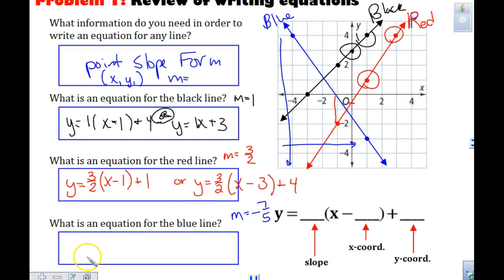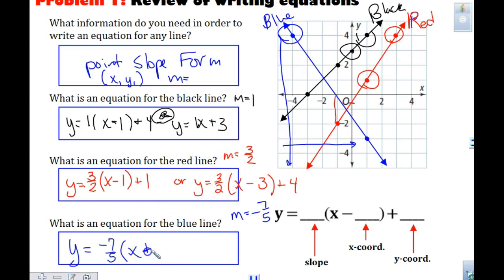So if we are looking at this one, Hayden, which point do you want to use? (-4, 4). So we're using the one up at top. So y equals, if we're using that slope, we're going to have -7/5. And then Benson, I put what? (x plus 4).